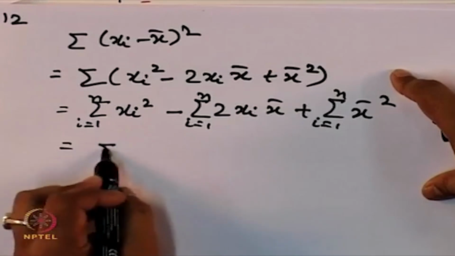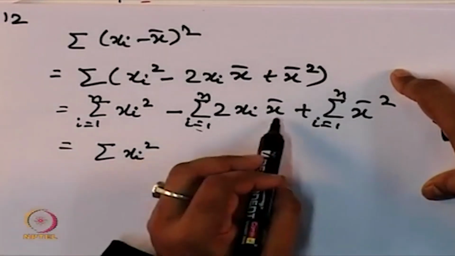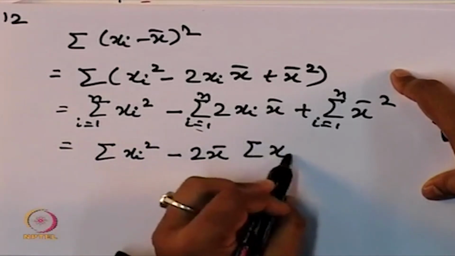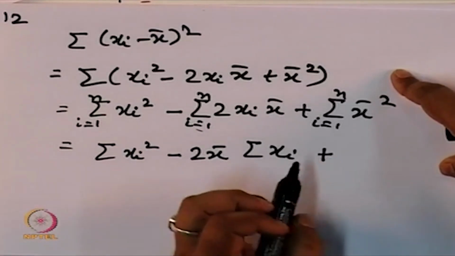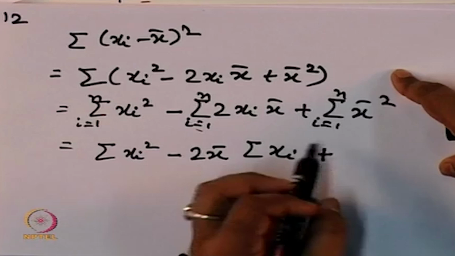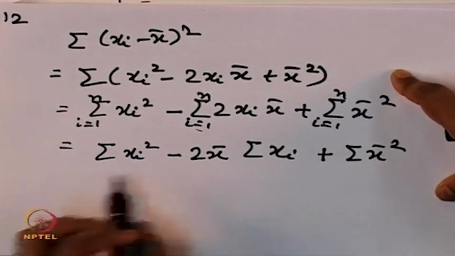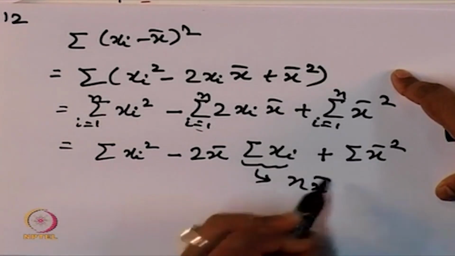So this remains as summation xi square, but in this particular term, since x bar is the mean, I can take it out. So I can take out 2 x bar summation xi, plus summation x bar square. Okay. So summation xi is nothing but n times x bar.